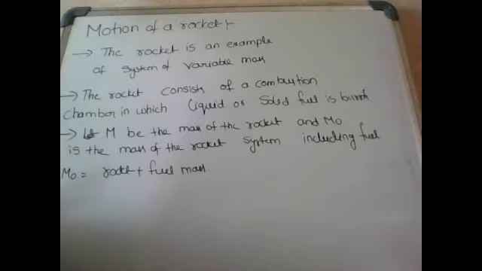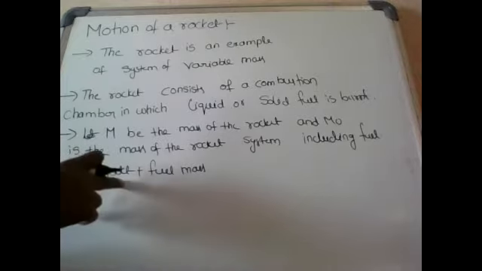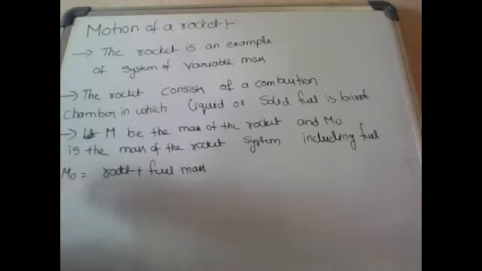Here capital M, what is the capital M? Mass of the rocket, and M naught is the mass of the rocket system including fuel. That means M naught equal to rocket plus fuel mass.